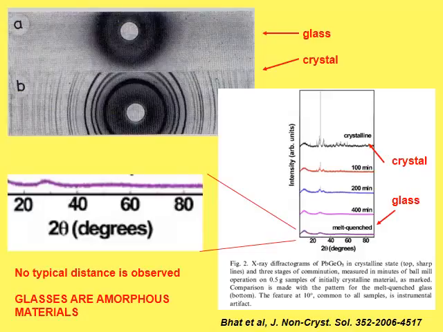X-ray diffraction patterns were obtained for the initial crystalline material and also after 3 stages of comminution. You may observe that after 400 minutes, no crystal pattern is observed anymore. Only broad lines are observed. The same broad lines are observed for a sample obtained by quenching a melt.